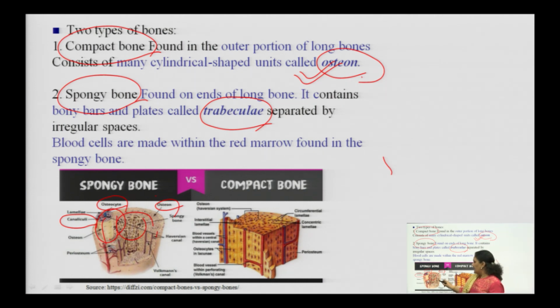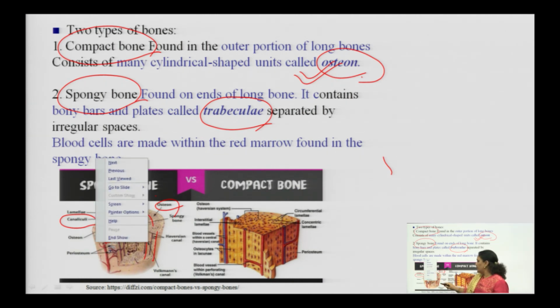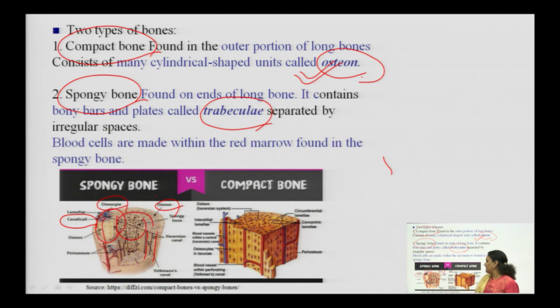And the vertical column-like structures you will see are the Haversian canals. These Haversian canals attach with the blood supply and supply the spongy bone cells, and the horizontal line which connects these Haversian canals is known as the Volkmann canal. Now, coming to the compact bone structure, this is more rigid compared to spongy bone.